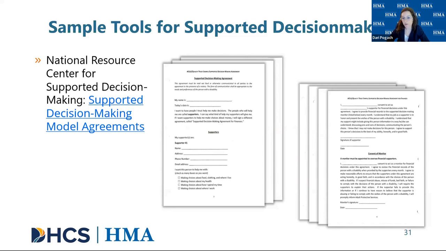But I think it is helpful to go through some of these because they give a good sense of the kinds of decisions that individuals might want to include in an agreement. And some of them really give a good example of presenting information in plain language to ensure that everyone, or as many people as possible, can understand the document and can access it.